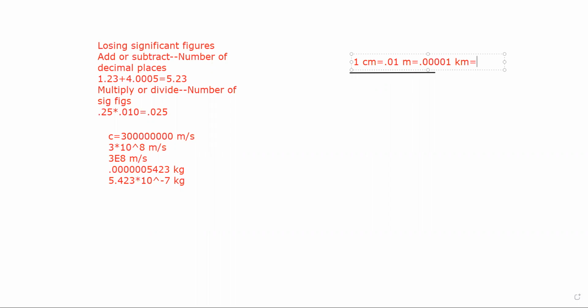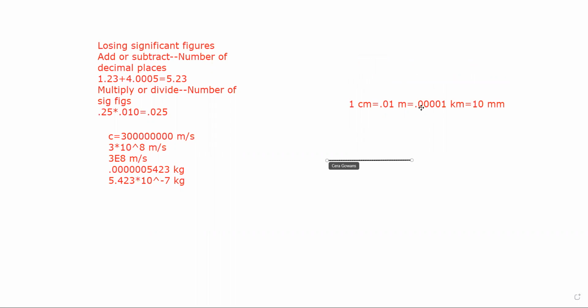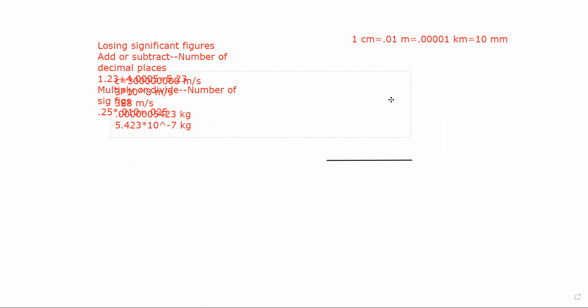The opposite direction is equal to 10 millimeters. But all of these are conversion factors. We set them up as fractions. Fraction is the word I'm looking for.